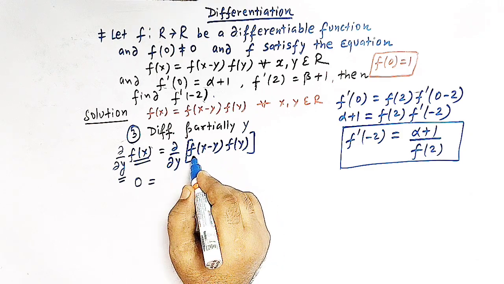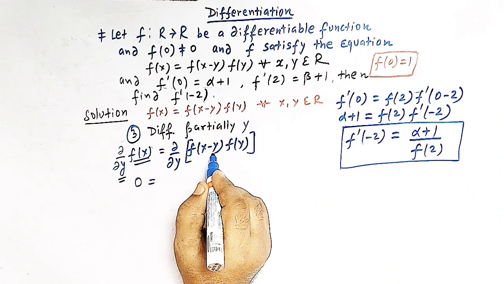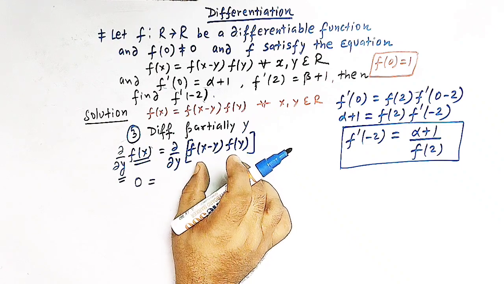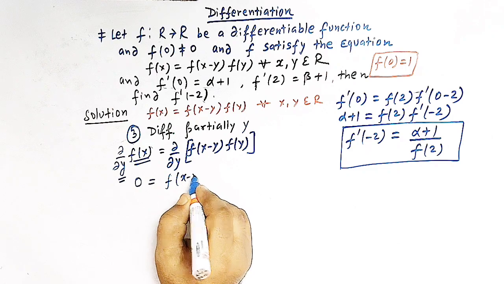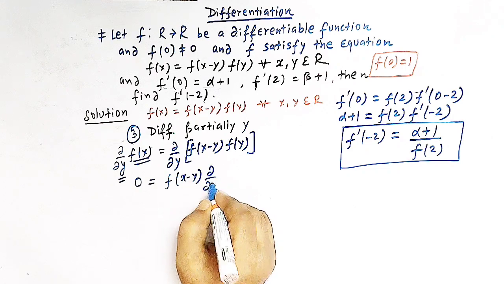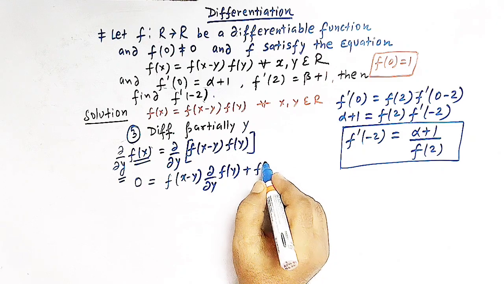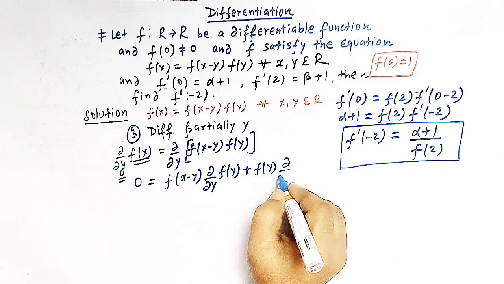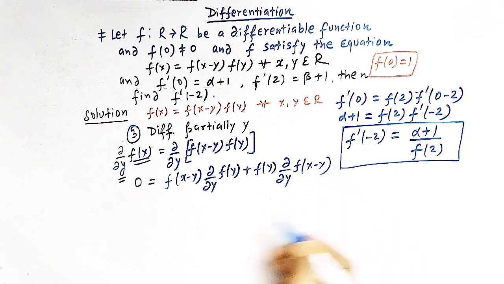Now here we have the product of two functions, and both these functions contain y. So we'll apply the product rule. So first we have f(x − y), then the derivative of f(y), and then we have f(y) and the derivative of f(x − y).